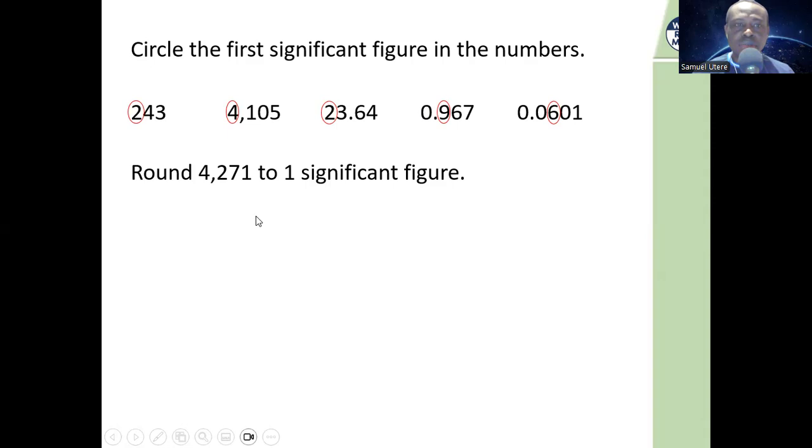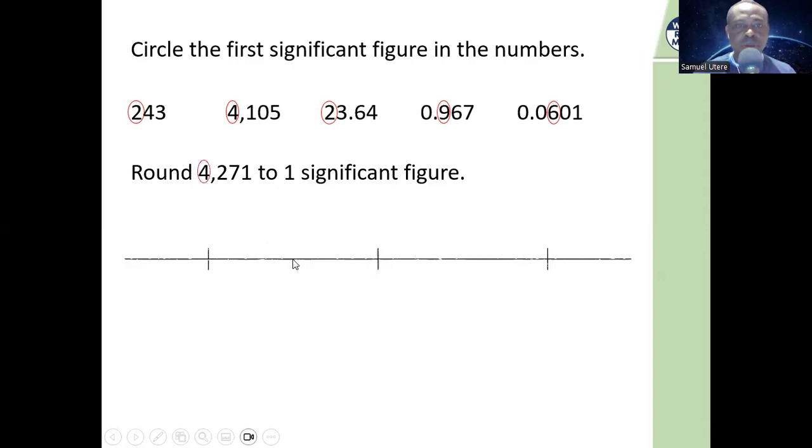Well, we can use the first approach that I showed you when we did the retrieval practice. We could say 4,271 is closer to 4,000 than to 5,000.